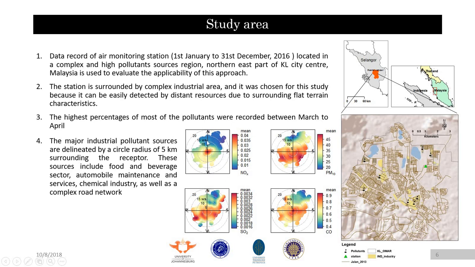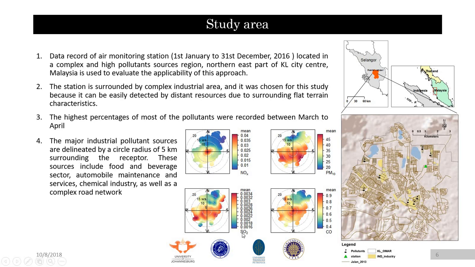Here is the mean value of the NOx, PM10, CO2, SO2 and CO. As you can see from the pollutant wind roses, the pollutants are coming from the southwest, and it varies based on the type of pollutant species.